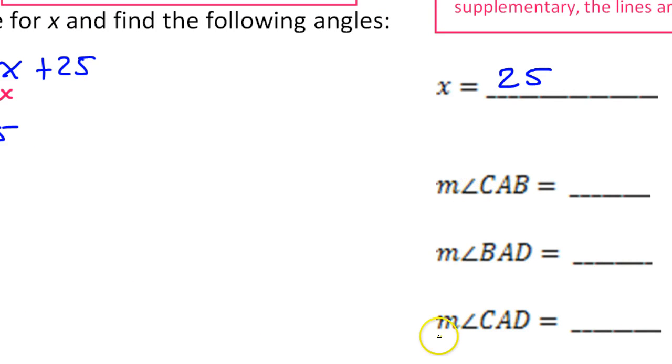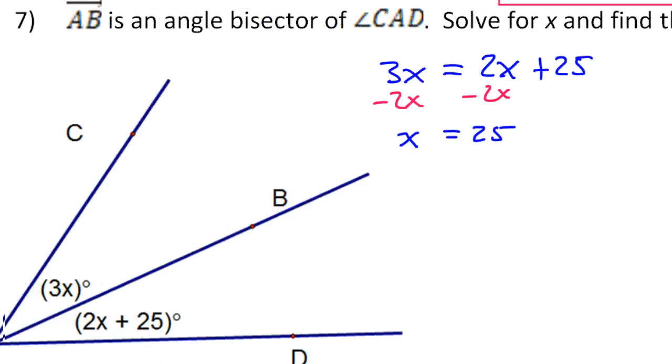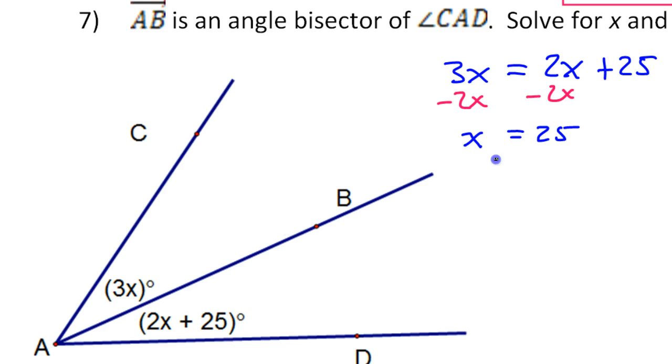So, if x is 25, we should be able to find any angles we want. So let's substitute this 25 back in. If I put 25 right here, that means I have 3 times 25. Three quarters make 75 cents. So this angle is a 75-degree angle.